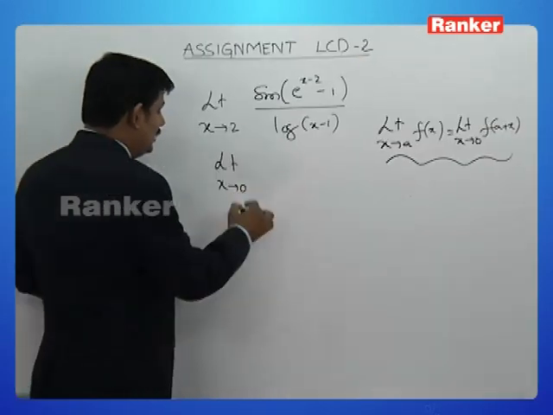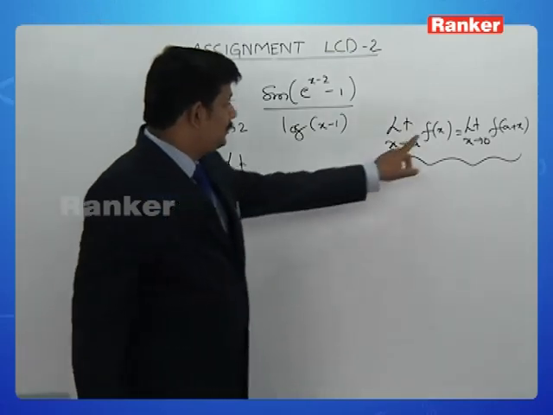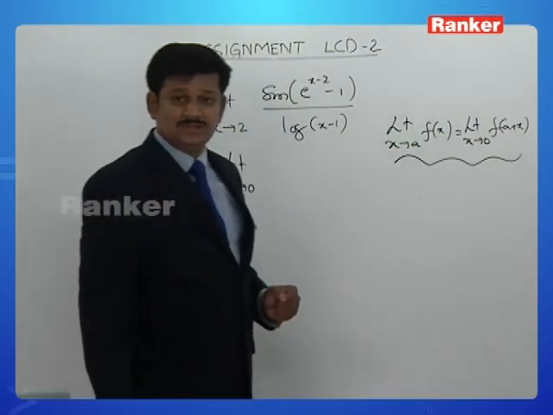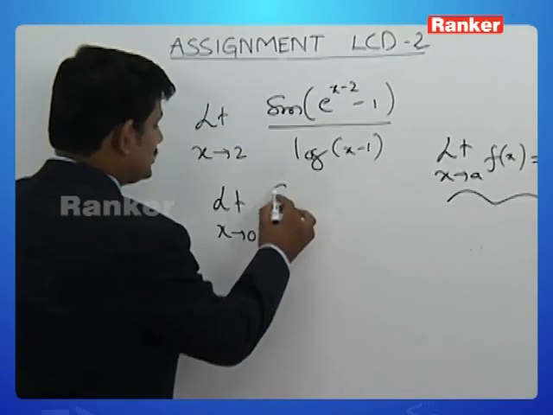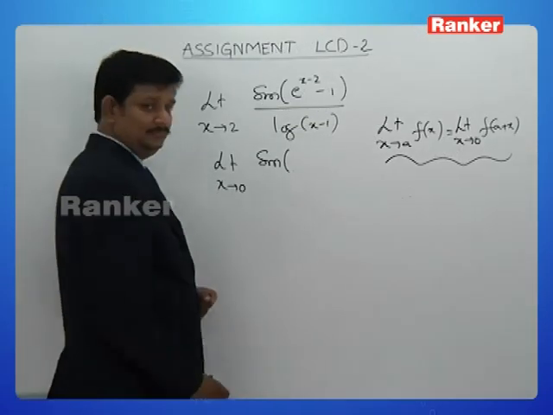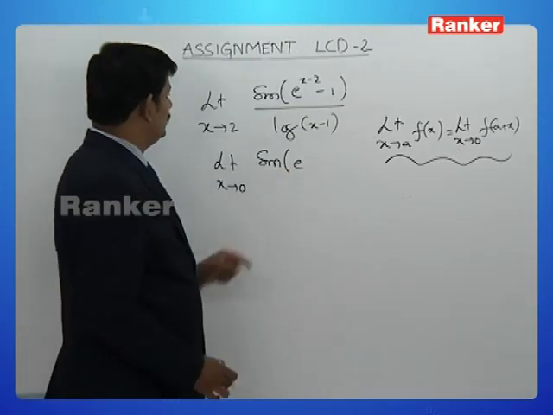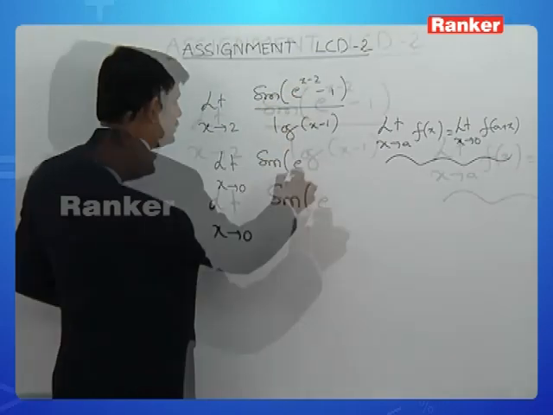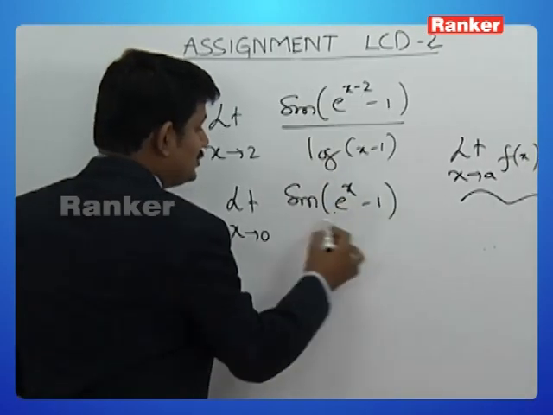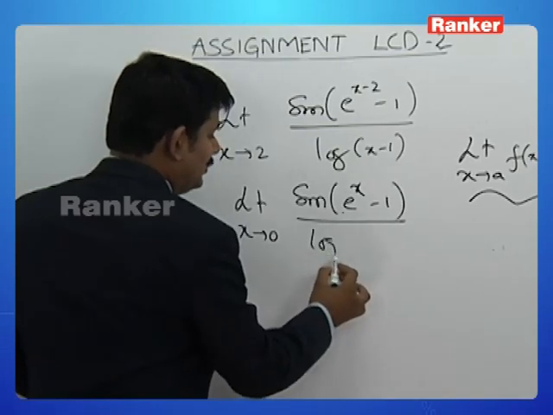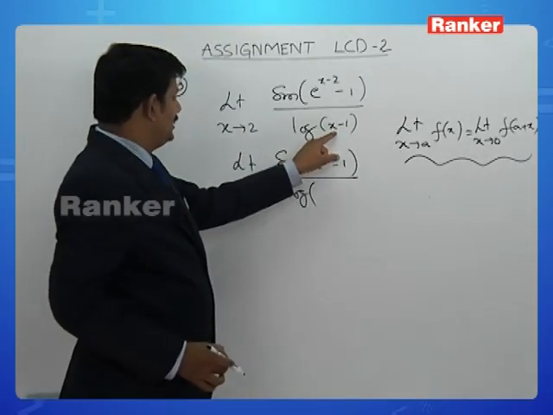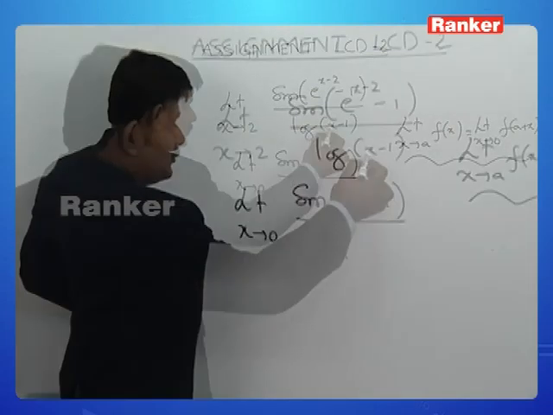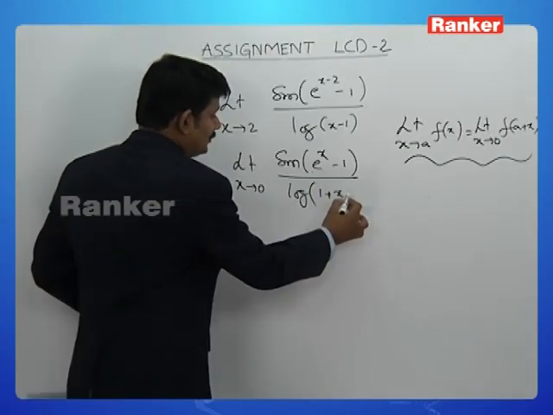This will be the limit as x tends to 0, replace x with a plus x, sine of e to the power, replace x with x plus 2, 2 and 2 get cancelled, we have e to the power x minus 1, divided by log of, replace x with x plus 2, x plus 2 minus 1 is 1 plus x.